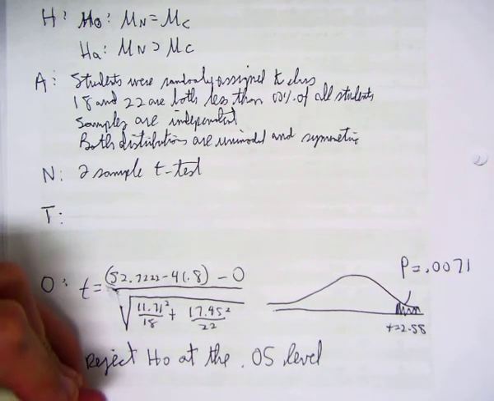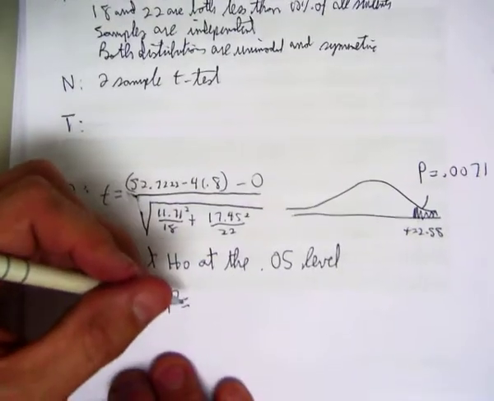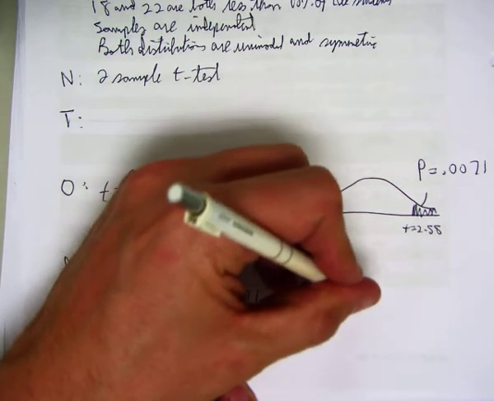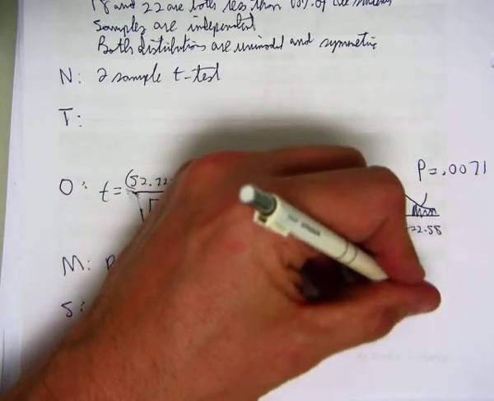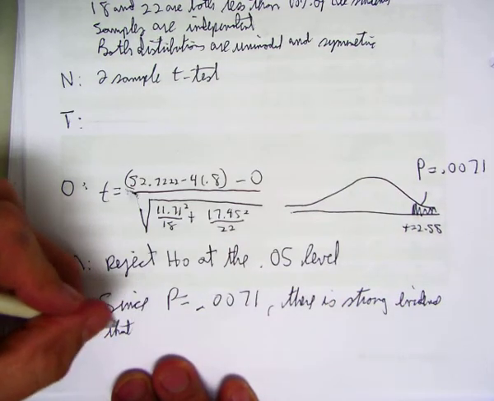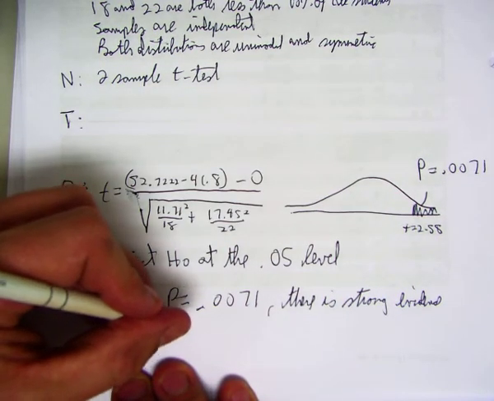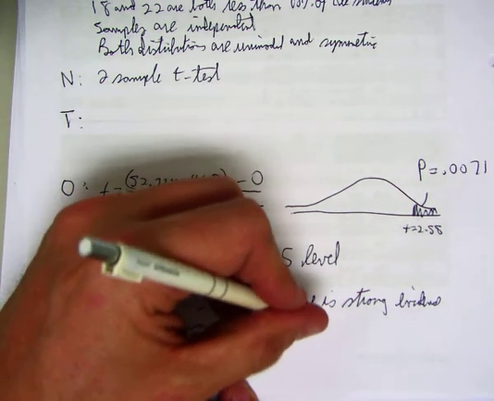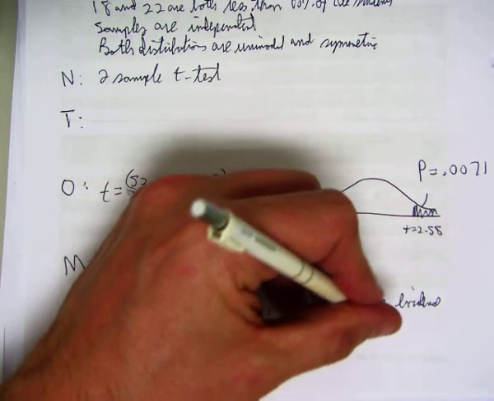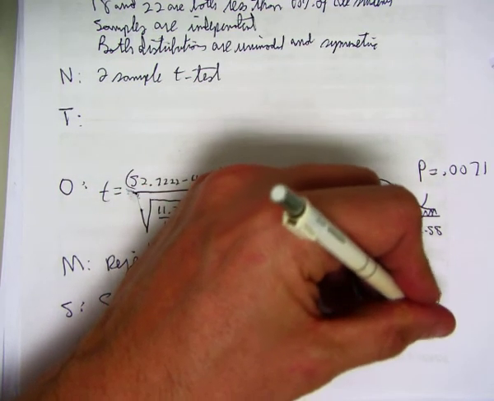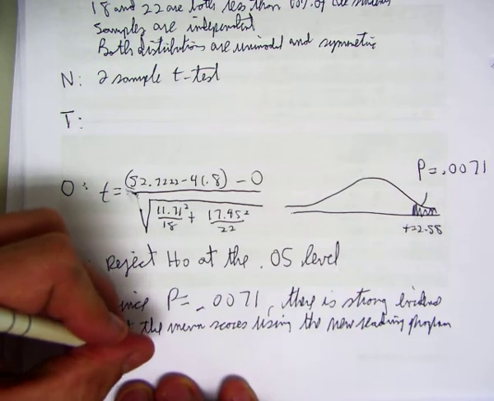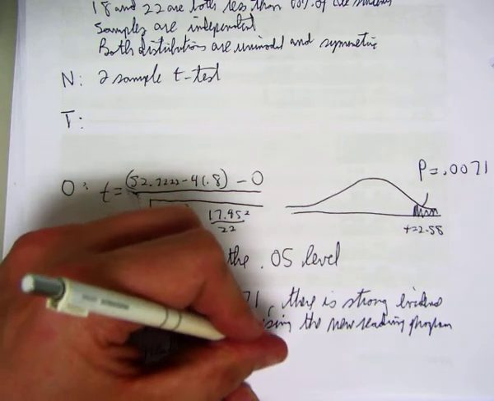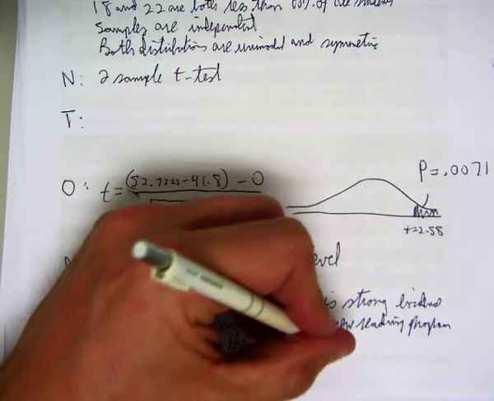Okay, since P equals 0.0071, there is strong evidence that the mean scores using the new reading program are greater than the mean scores using the old program.